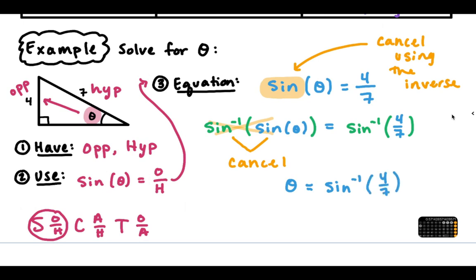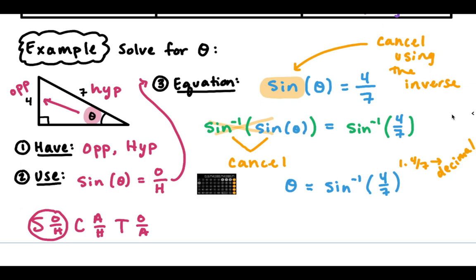And we would like to turn that into a number. To do that, we're going to need to use our calculators. And it's a little bit of a process. So the first thing we're going to do in our calculator is turn 4 over 7 into a decimal. Okay, so we make that a decimal.